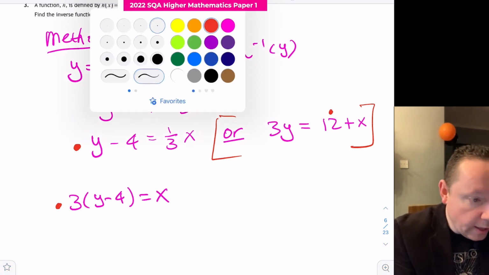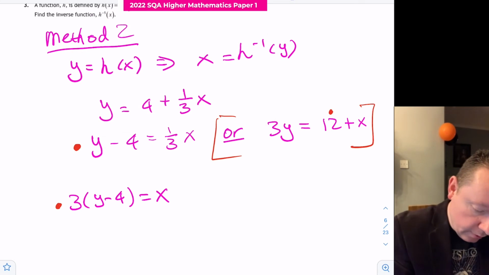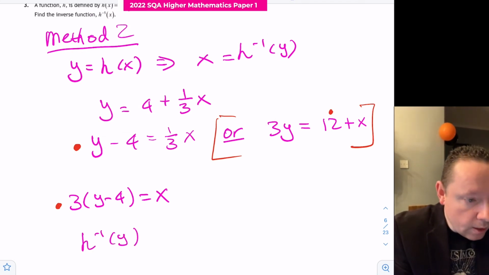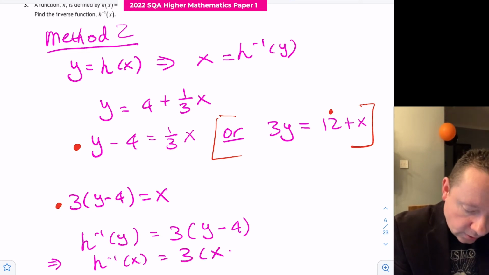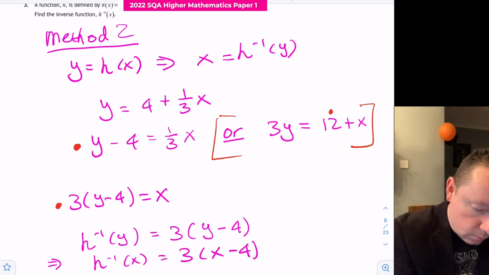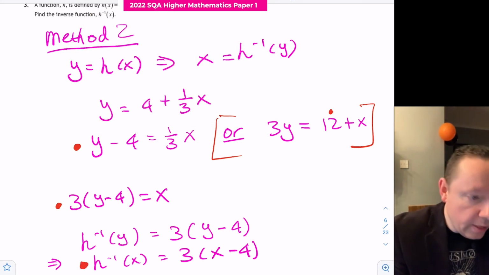So you have to then say that your inverse function of y is equal to 3 times y minus 4. And so, for your final mark, your inverse function of x must be 3 times x minus 4. And there's our final mark there.